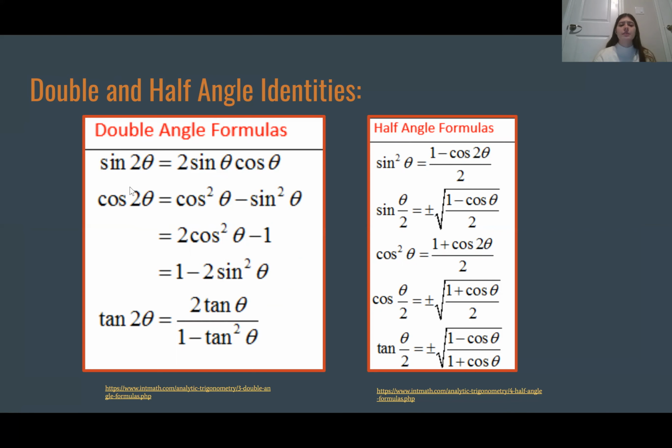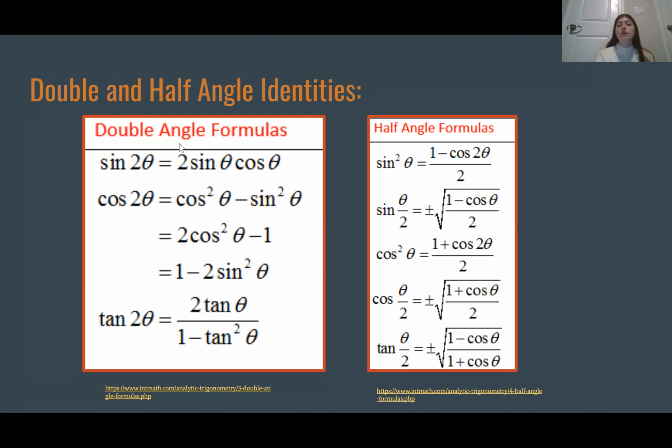But just to quickly summarize, for this first one, sine of 2 theta, and notice, before I move on, that this sine of 2 theta and this cosine 2 theta, that is 2 times theta, right? That is not sine squared theta. That is 2 times theta. All right, super duper important.